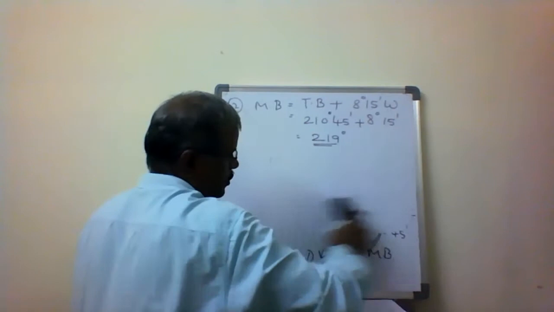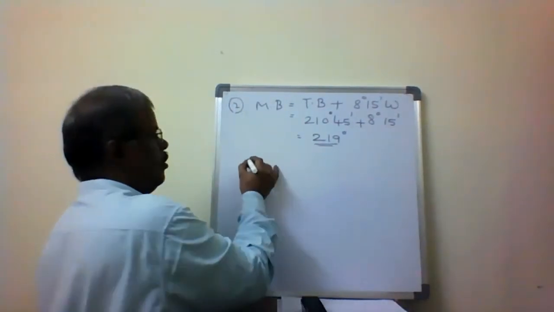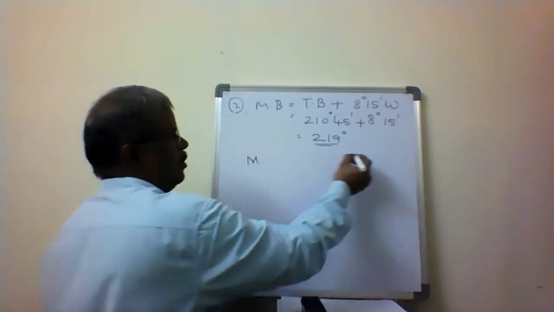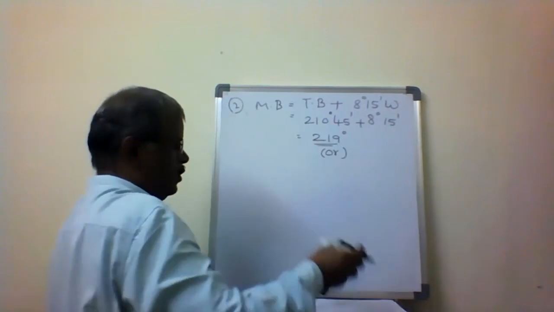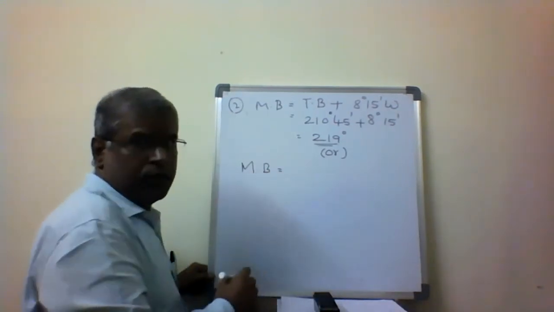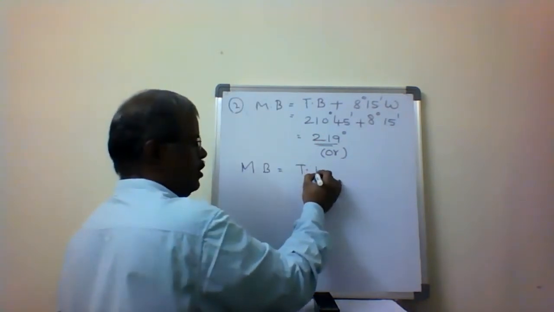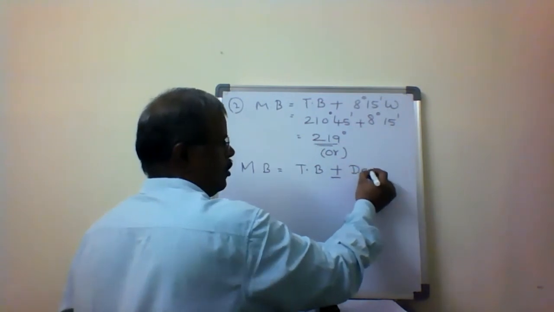Otherwise, we can use the formula: magnetic bearing equals true bearing plus or minus declination.